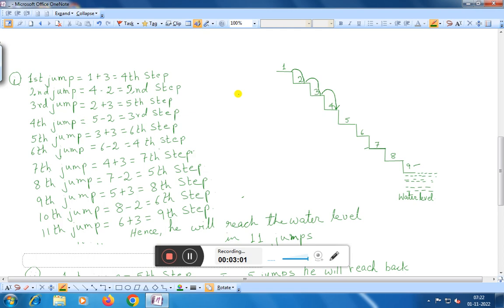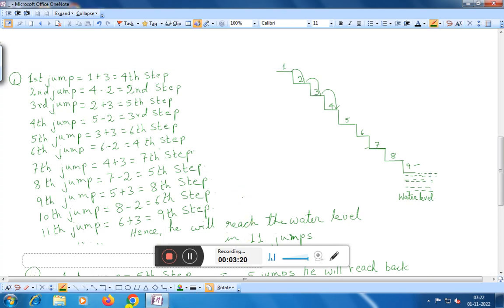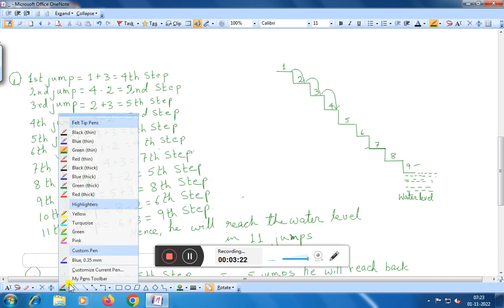Step 4 means 1 plus 3, right? In the first jump he goes from 1 to 4. In the second jump he goes 4 minus 2, that means in the backward direction he goes 2 steps.